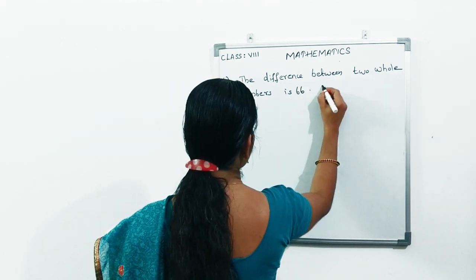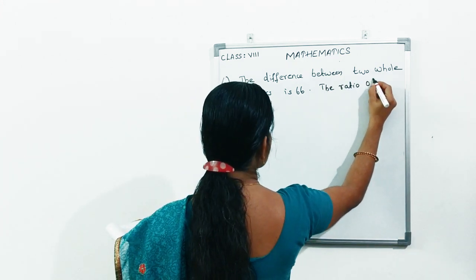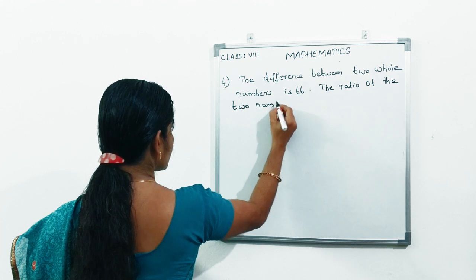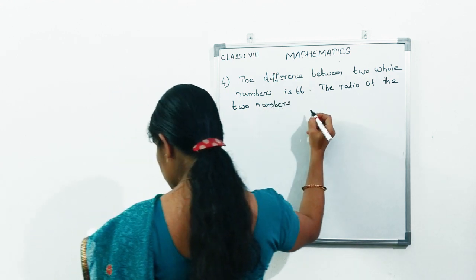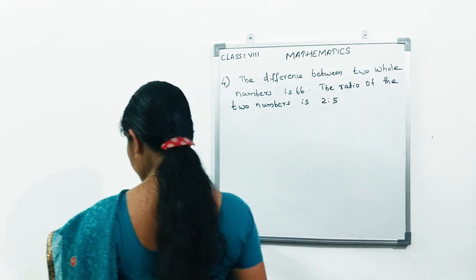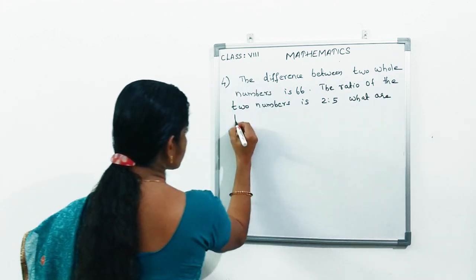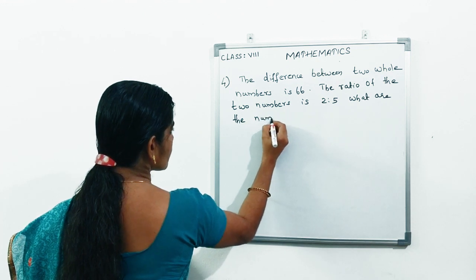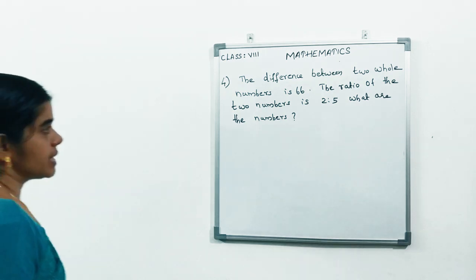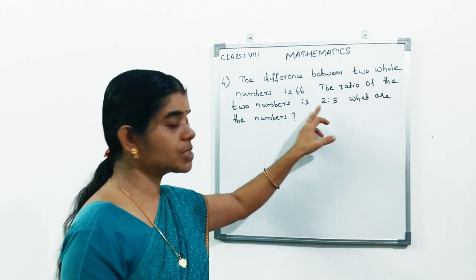The ratio of the two numbers is 2:5. What are the numbers? Once again, the difference between two whole numbers is 66. The ratio of the two numbers is 2:5.